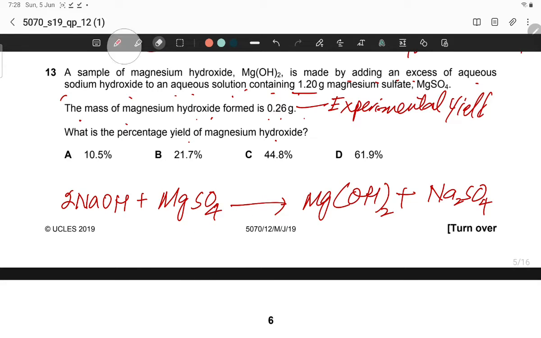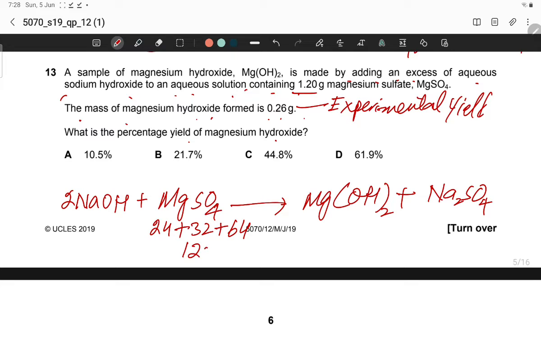We know the Mr of magnesium sulfate is 24 plus 32 plus 64, which equals 120.